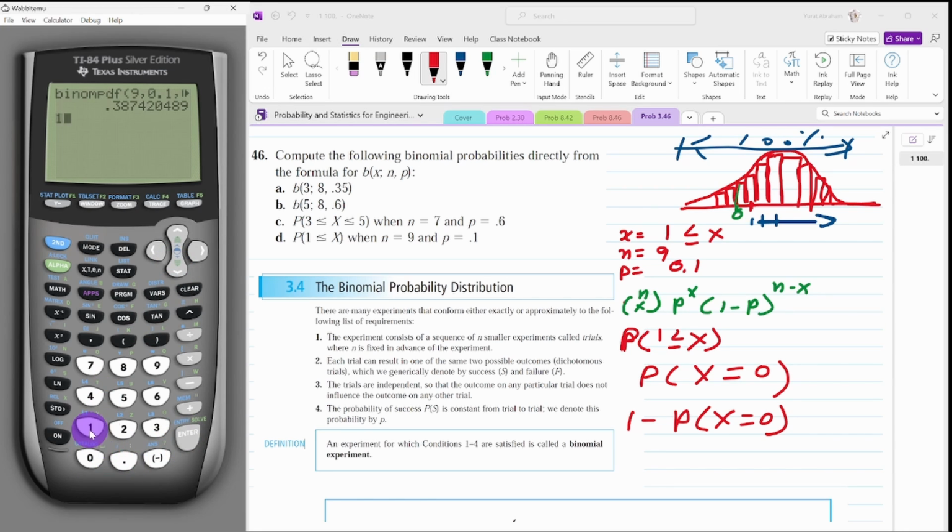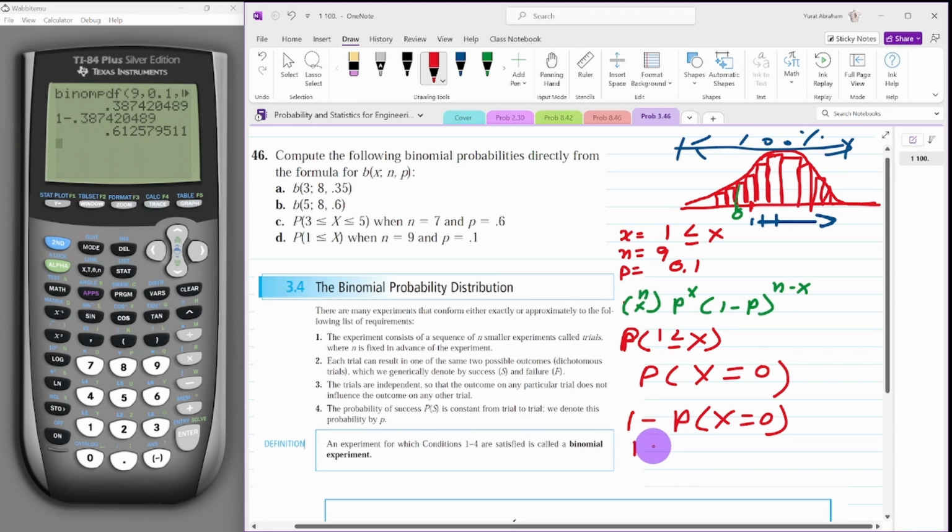Enter, and then we do 1 minus that, and there it goes. So that's your answer: 1 minus 0.3874, which equals 0.613. There it goes.